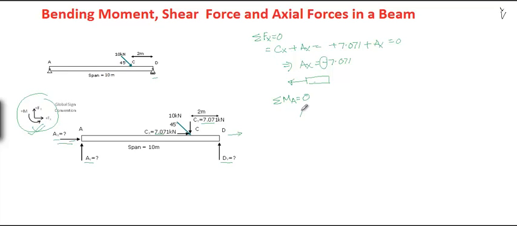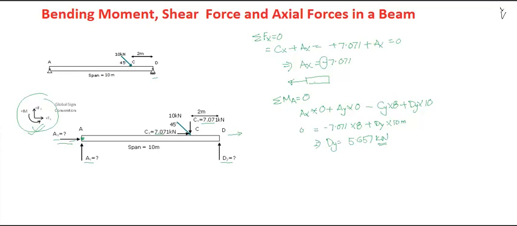For this equation, Ax times 0 plus Ay times 0, because Ax and Ay both are passing through point A, so distance is 0, minus Cy times 8 plus Dy times 10, which gives us Dy equals 5.657 kilonewton.